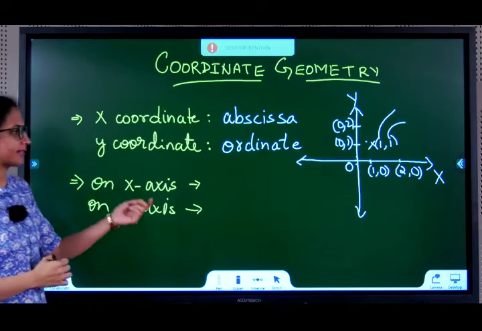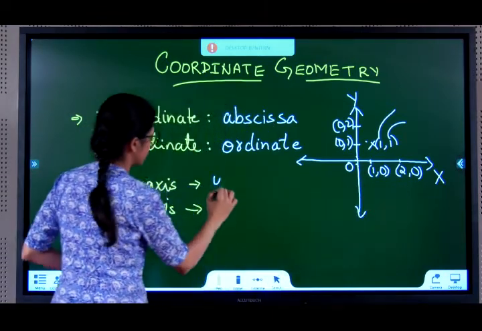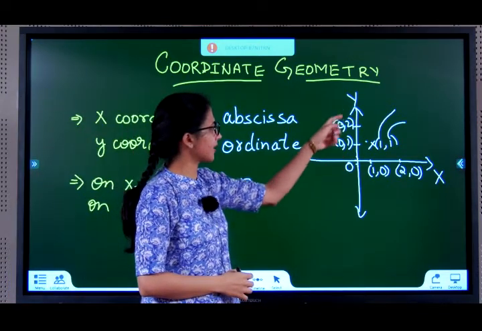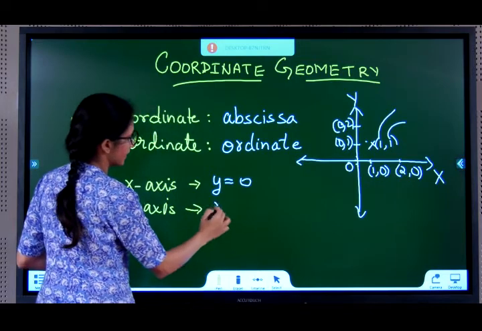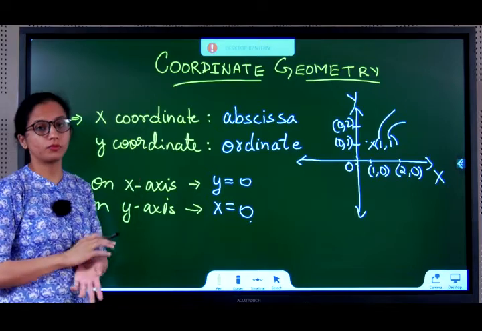On the x-axis, y is 0. On the y-axis, x is 0. These are your basics and fundamentals that you need to know.